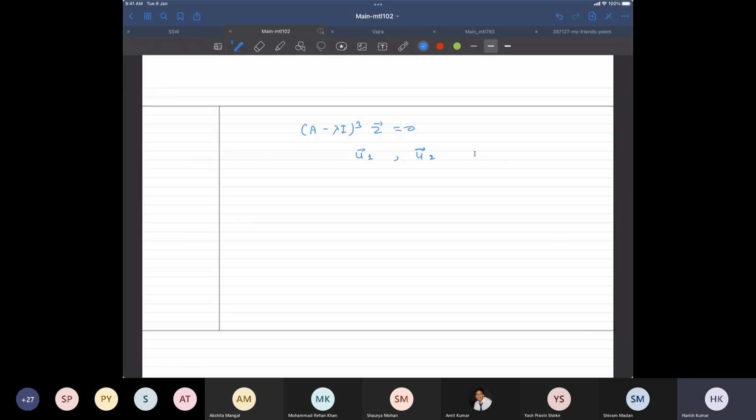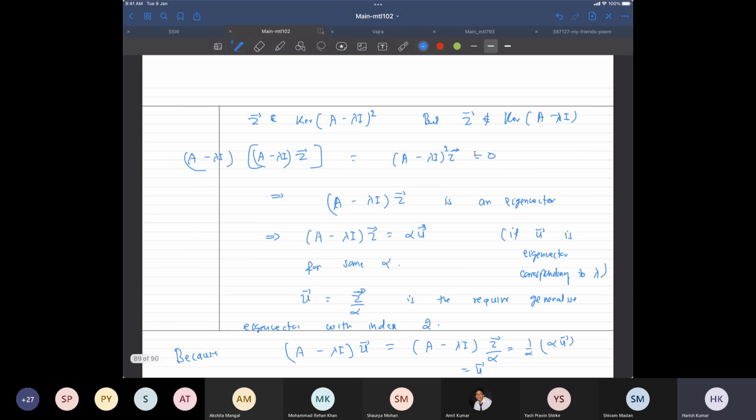So that means the kernel of A minus lambda I, and okay, this will be A minus lambda I square Z. So in that case it will be a square here, right? Because that will be the eigenvector. Okay, so you'll get alpha plus beta.